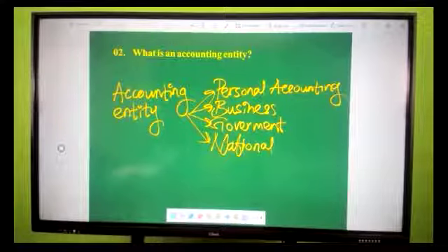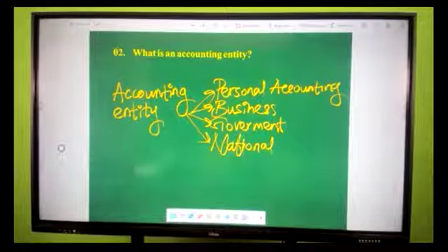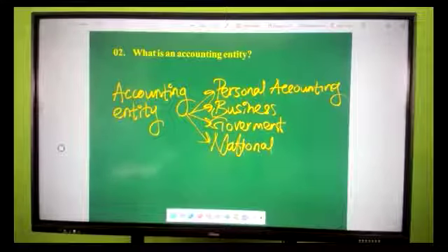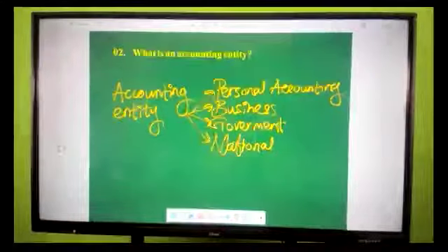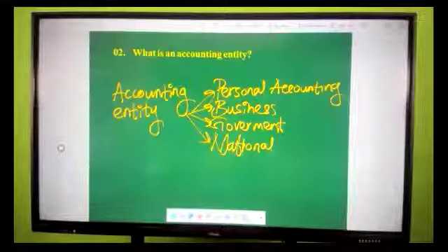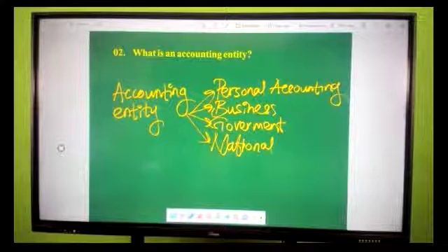Number three, government accounting. Number four, national accounting.